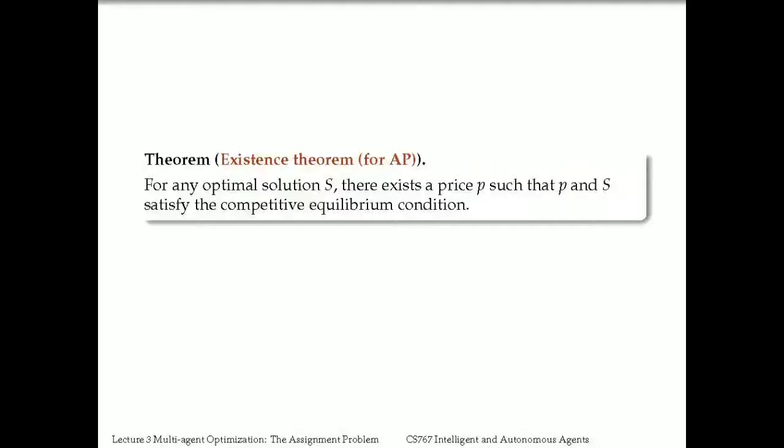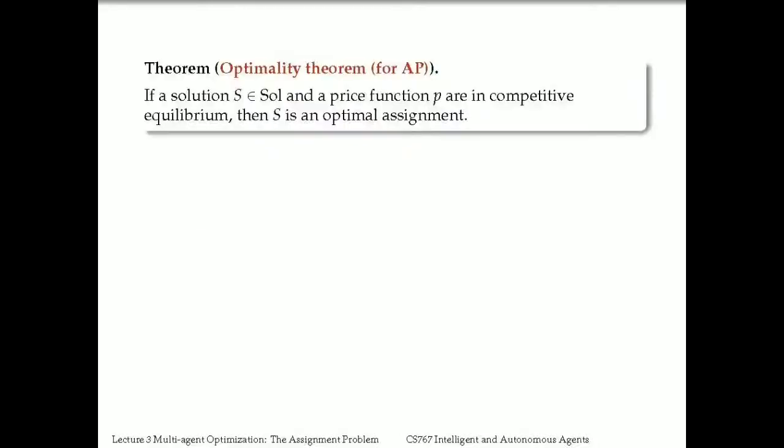Basically it says that if you have any optimal solution, under a certain setup of the price of the items, this will be a solution which is the best for everybody, right? So there is a competitive equilibrium always, and the optimality theorem is really the converse of the existence theorem.